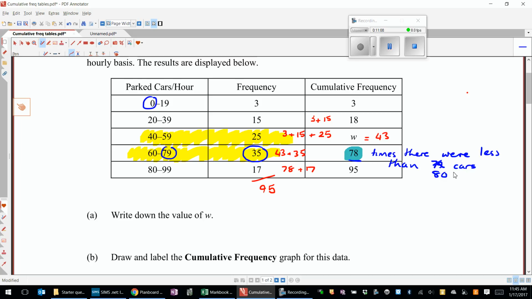Right? Does that make sense to you? So you're going all the way from 0 to 79. That's the important difference with cumulative frequency compared to just frequency. So the numbers for cumulative frequency are to do with what's less than. And when we read the charts, that's important. Okay.